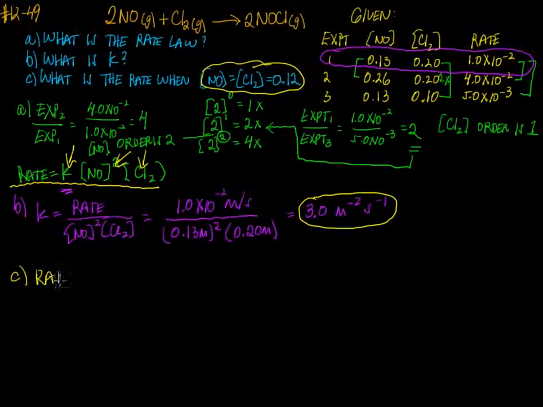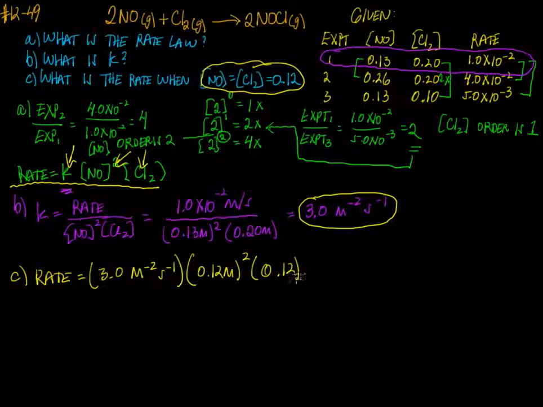So the reaction rate is going to be the rate constant, which we decided was 3.0 with these strange units, times NO squared times chlorine concentration, just to the first power. And what we get for this is 5.2 times 10 to the -3rd molarity per second.